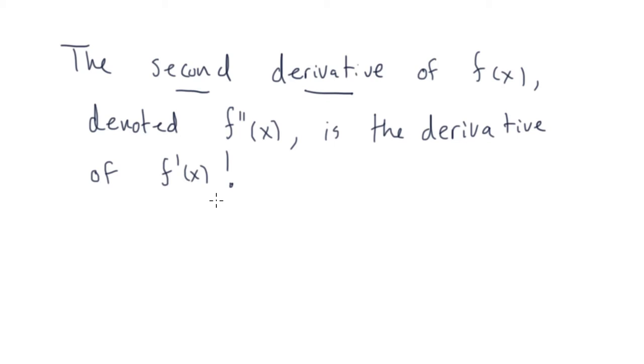Now you may have to exclude some points where the first derivative is defined where the second isn't, but that's fine. But we have a second derivative function. And of course, similar for higher derivatives.